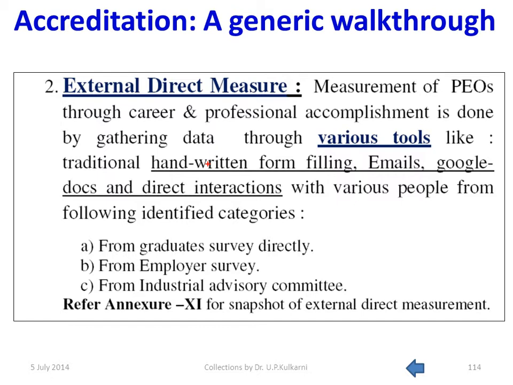A few of them are the graduate survey, the employer survey, the industrial advisory committee, and many more. The more the better. Attach a snapshot of the external direct measurement. The external one I refer to as a direct measurement for PO, and whatever we do internally I call an indirect measurement.